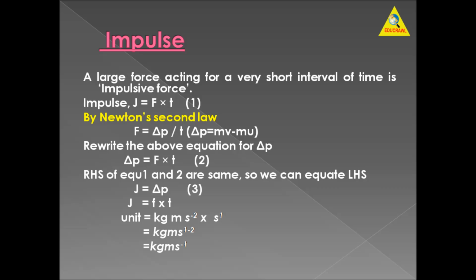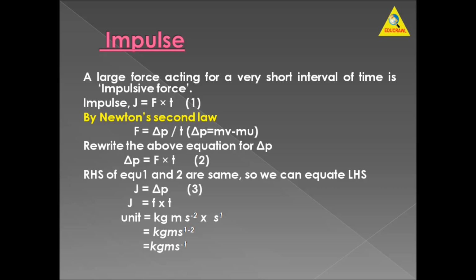Hence, we equate the LHS. So, we get J is equal to del P. J is nothing but F into t, the product of force and time. Hence, F into t is equal to del P. This is also an expression for del P.